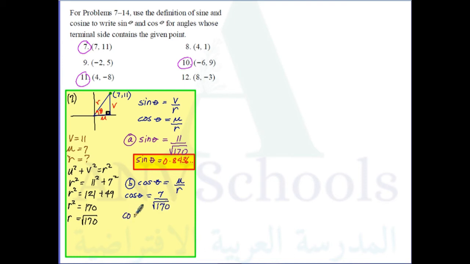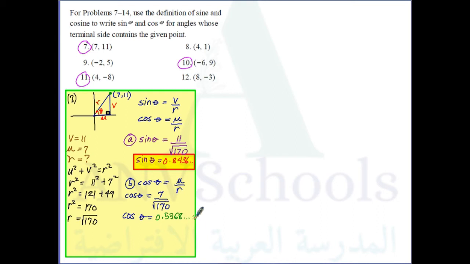So let's just replace the 11 at the top with 7. That would give us 0.5368.